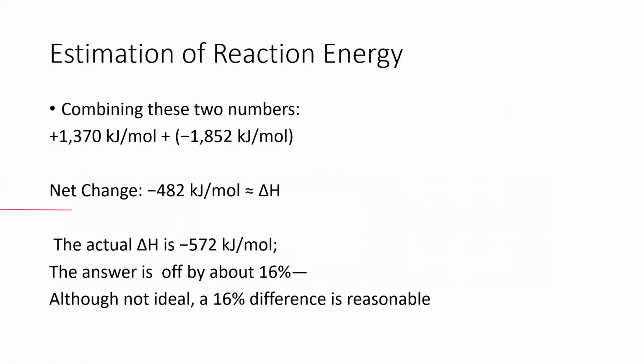All right, so delta H for this to form the water is actually negative 572 kilojoules per mole. So the answer is off by 16%. The one that we did earlier, this one, is an estimate.